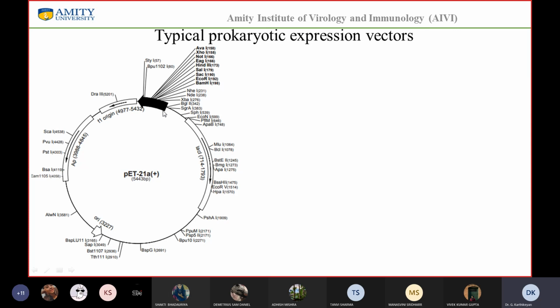This is a T7 system, and this is the multiple cloning site where we will be putting our gene of interest. We will spend some time today on what this PET system is. P stands for expression and T stands for T7. We will come back and spend some time on that.